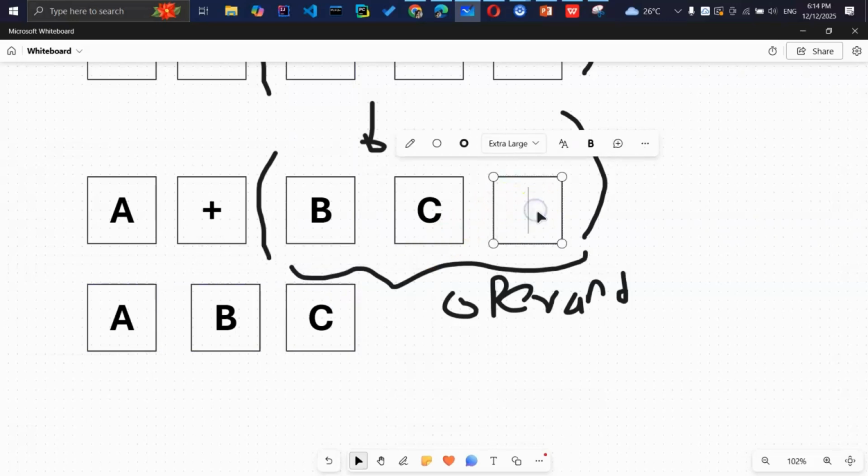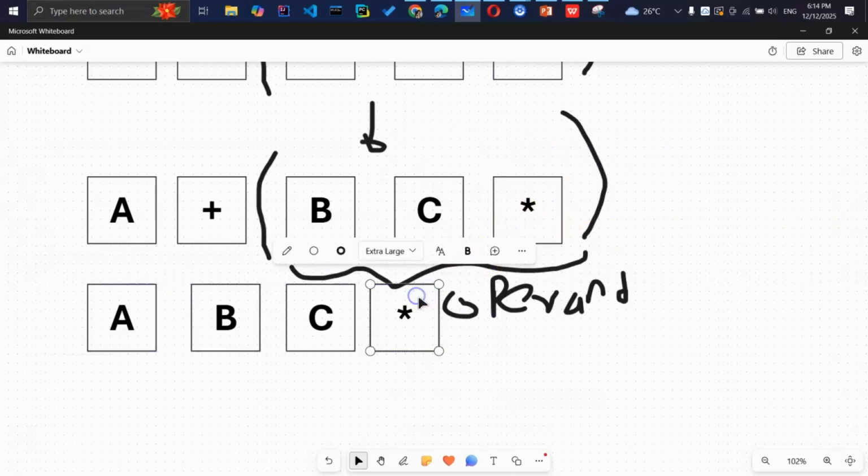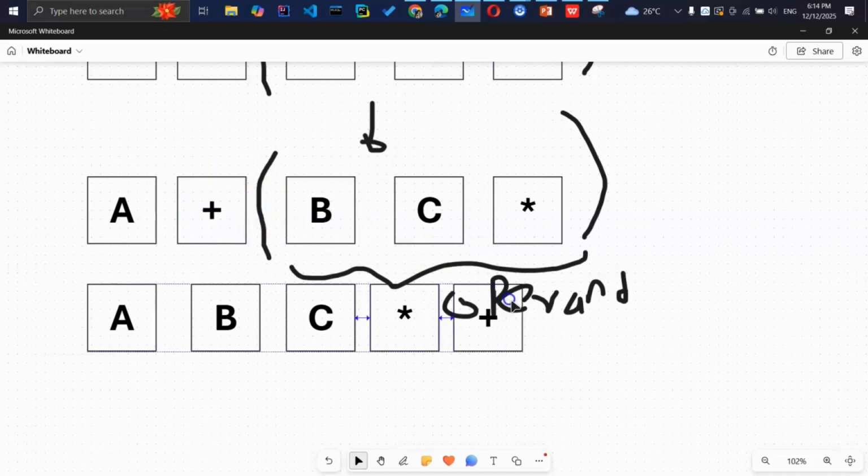Plus, multiplication. Now get the operator to the end of the operands. This is the operand getting to the end. It should be like this. Okay, did you understand?